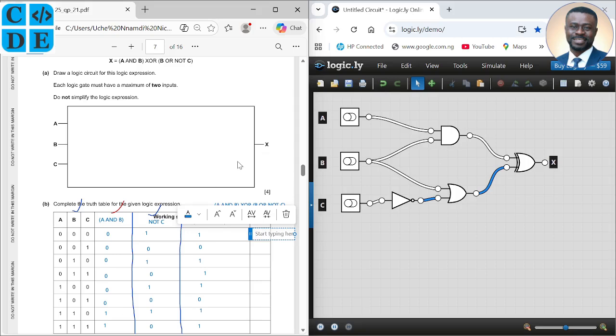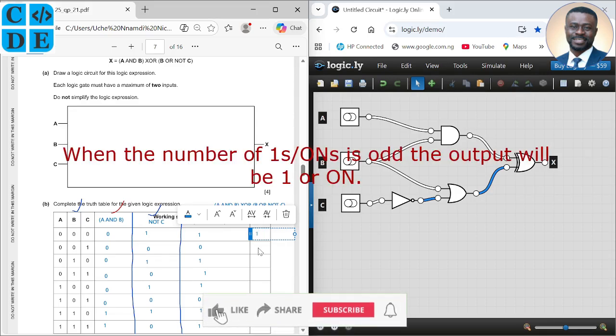The exclusive OR gate, like 0, 1 will give you 1, since we're dealing with two inputs only.